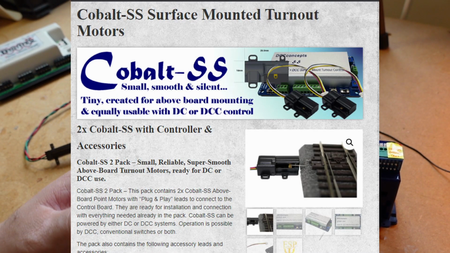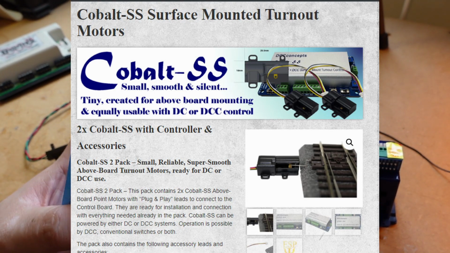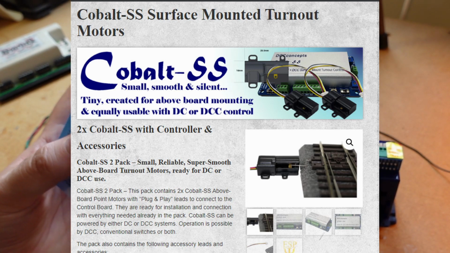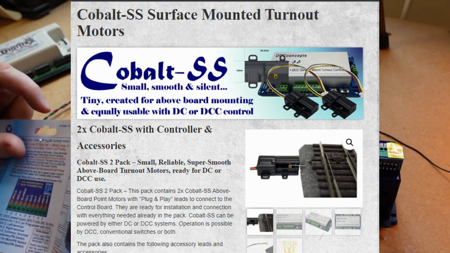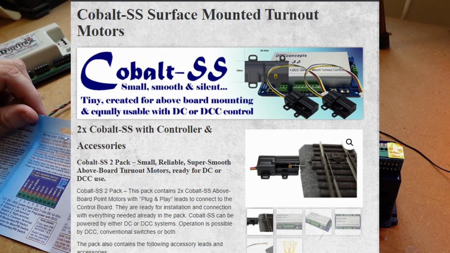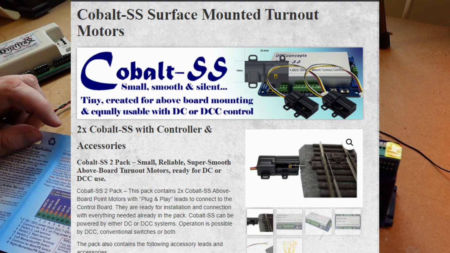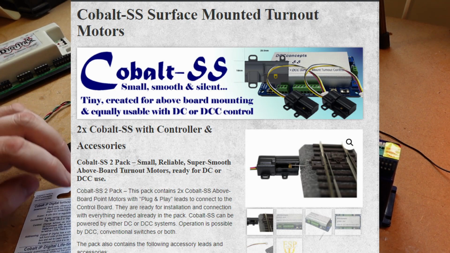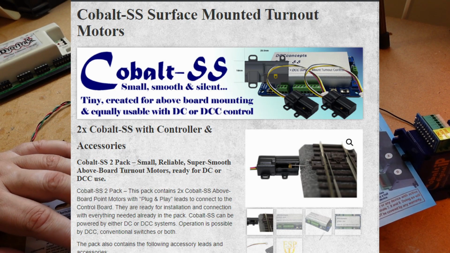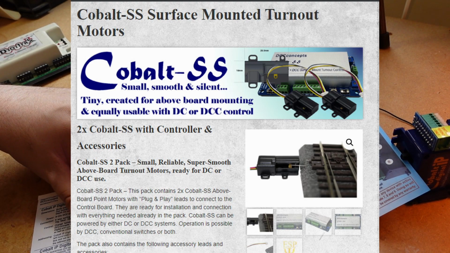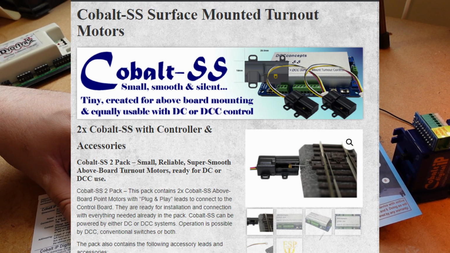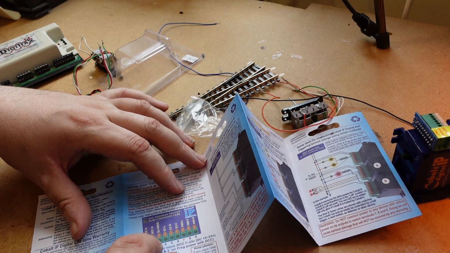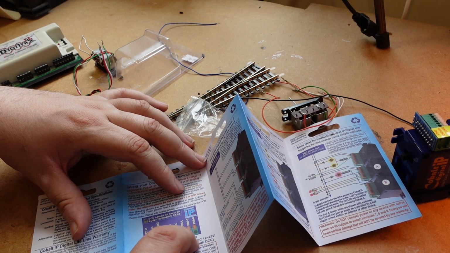So on the screen we should have the image of the Cobalt SS point motors. The reason I'm looking at these is like the IP point motors, we have got independent switching. So we'll have it controlled via DCC, and then the frog will be controlled by the independent switches.